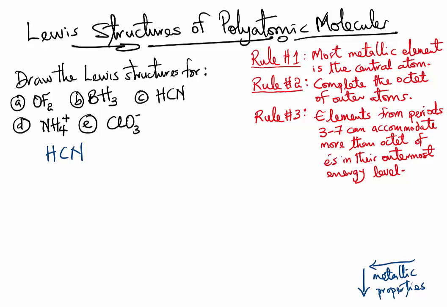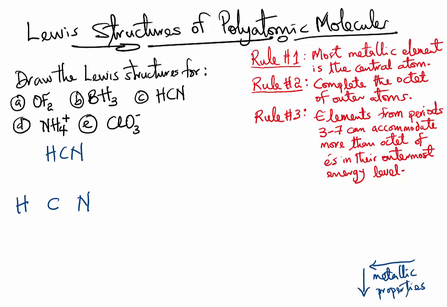That leaves us with carbon and nitrogen. And if you look at the periodic table, since metallic properties increase from right to left, carbon is more metallic than nitrogen, which means that carbon will be the central atom.